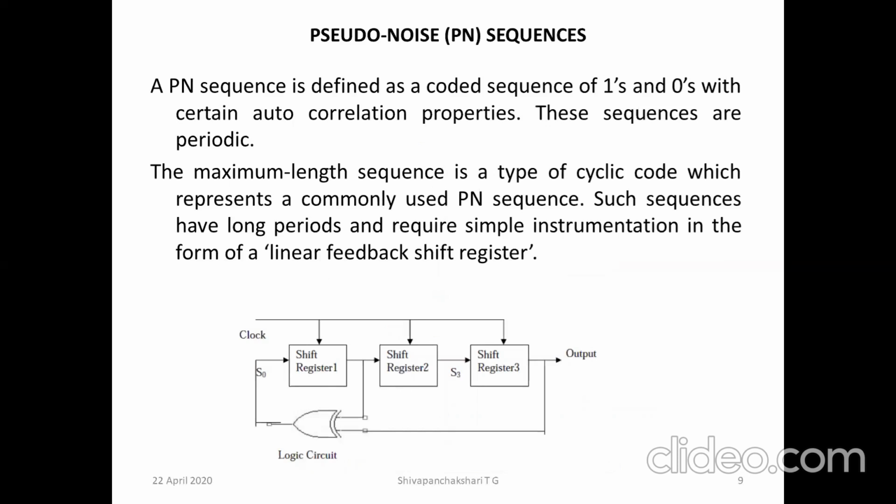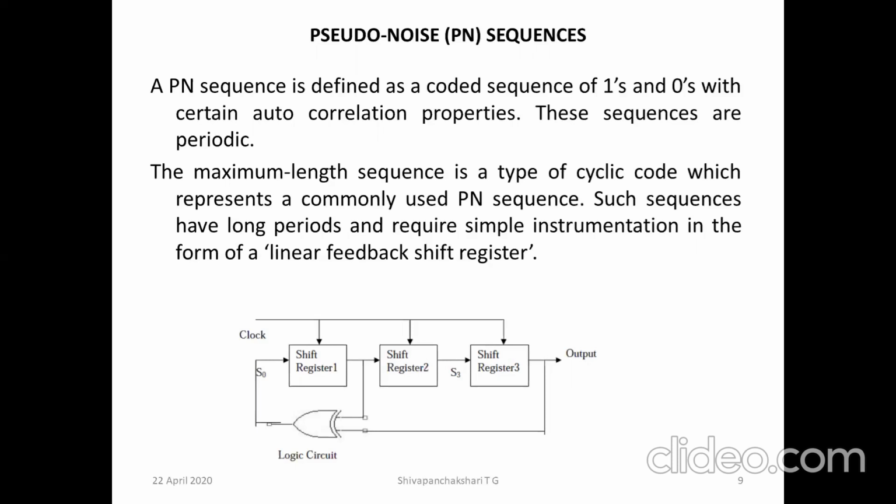As I said already, the PN sequence plays a very important role in spread spectrum technology, because this is the one which keeps the information signal safe from jammers. Let's look into a few points about it.